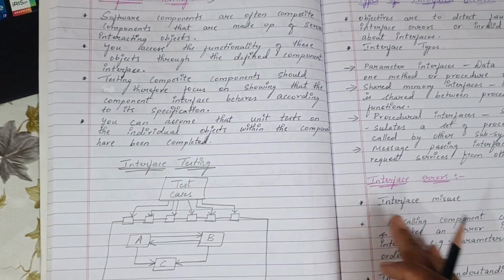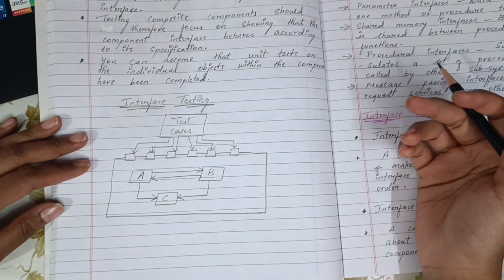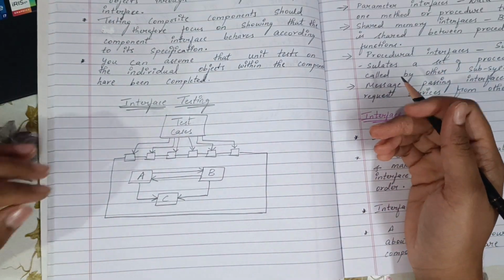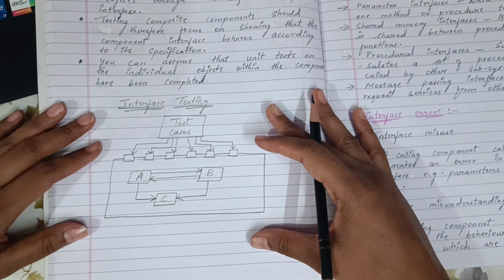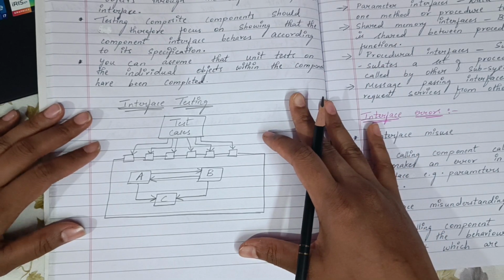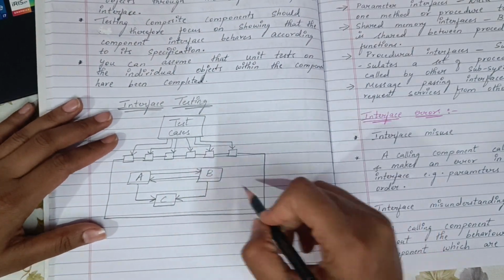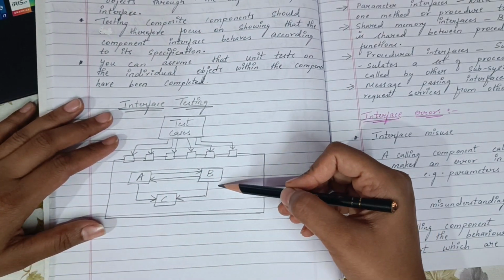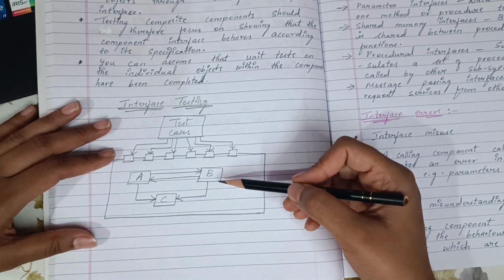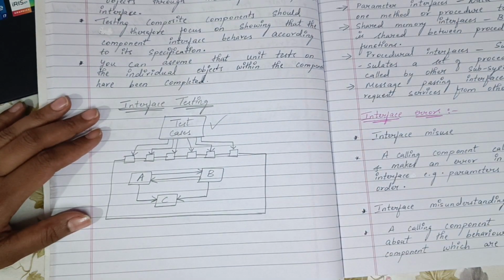As I have told you, component testing is also known as interface testing. Here there is one small diagram to help you understand. Before we conduct any test, that is, before we conduct this interface testing, we will be preparing test cases.